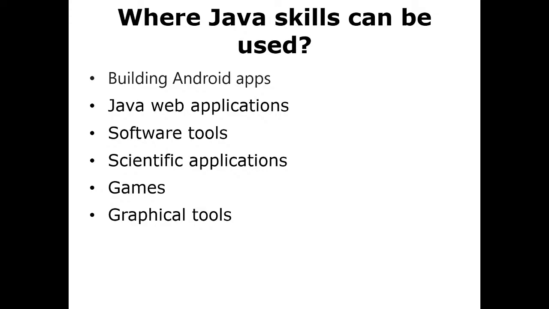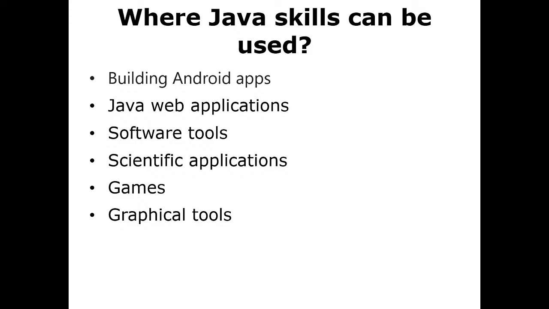Right, so to summarize a bit where Java skills can be used: building Android applications. We will not talk deeply about Android development, but just know that Java is used in building Android applications, in so many web applications, software tools, and some scientific applications.